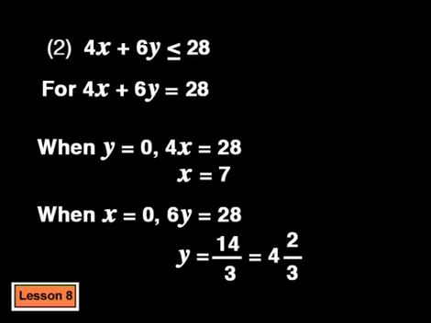When y equals 0, 4 times x equals 28, so x equals 7. When x equals 0, 6y equals 28. Dividing through by 6 will give us 28 divided by 6, which is 14 divided by 3, or 4 2/3.